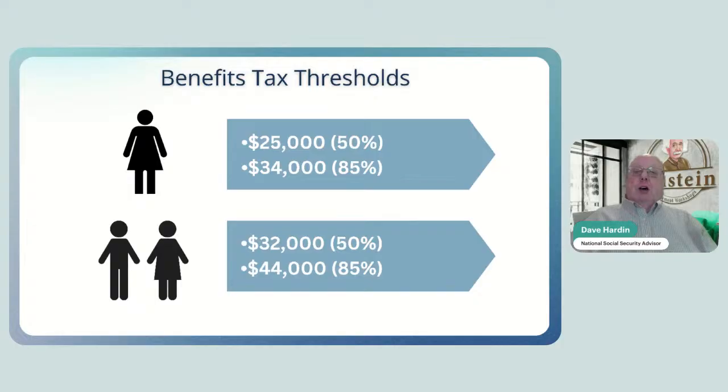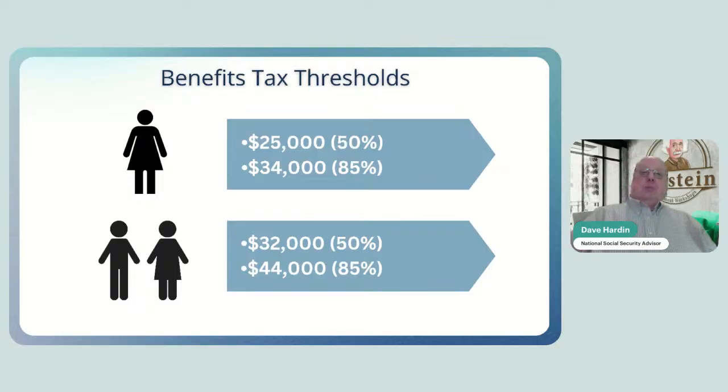All right. So there we go. Provisional income. Let me tell you how it works, and then I'll explain what the problem is. If you're single and you earn more than $25,000 of provisional income, then 50% of your Social Security is fully taxable at the highest marginal tax rate you pay.